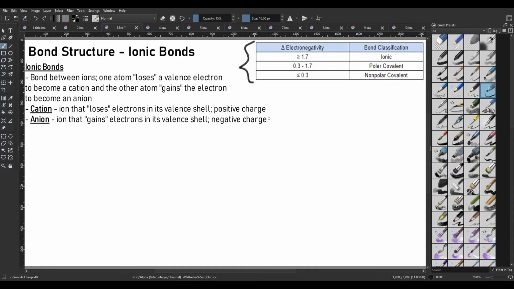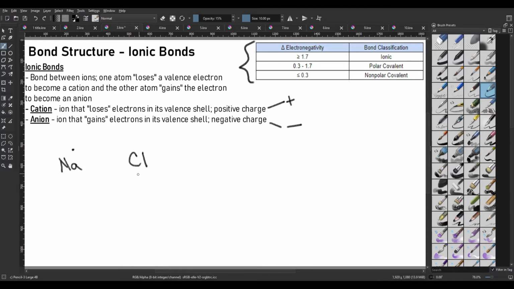So we talked about cations and anions. Cations are the atom that loses the electron in its valence shell to become an ion, and it's going to have a positive charge. So cations are positive. Anions then are negative, and they are the ion that gains that electron in its valence shell. So think of it this way. If we have a sodium atom and a chlorine atom, the sodium atom has one valence electron in its shell.